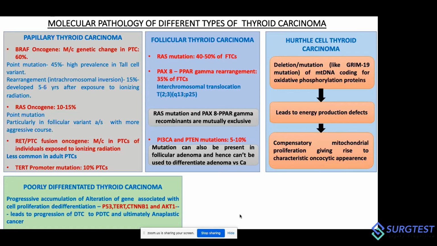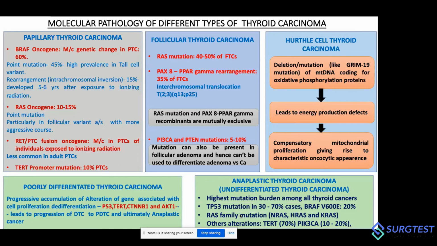Further accumulation of mutations leads to transformation to anaplastic. So the anaplastic has the highest number of mutations. Nobody is going to ask the genes here. Just remember the concept: the highest mutation burden is in anaplastic thyroid carcinoma, because they transform from differentiated thyroid cancer first to poorly differentiated and then to anaplastic, with continuous accumulation of a variety of mutations.